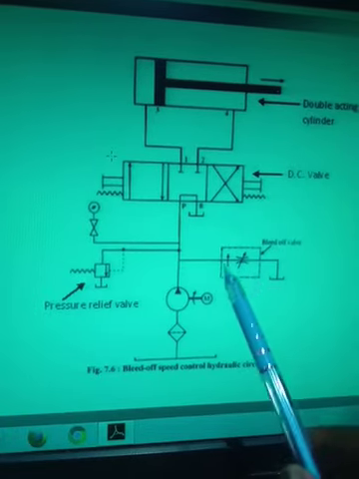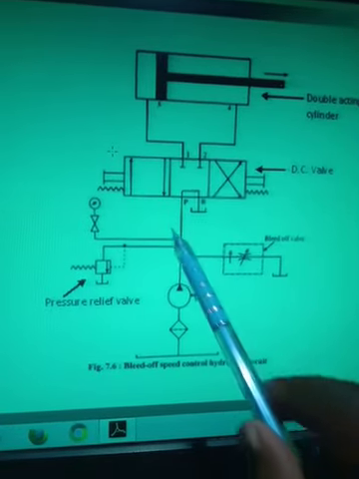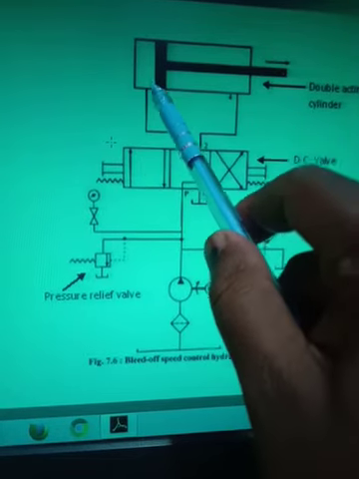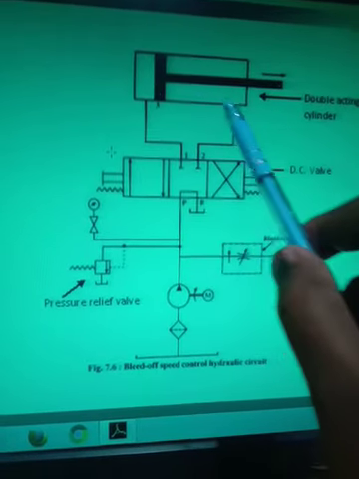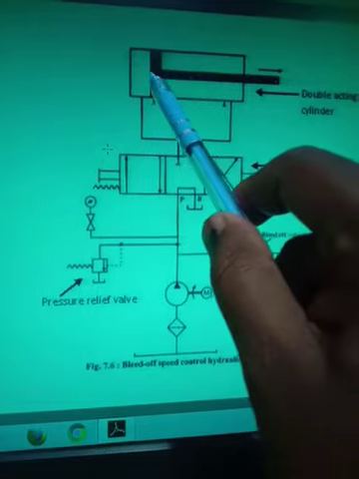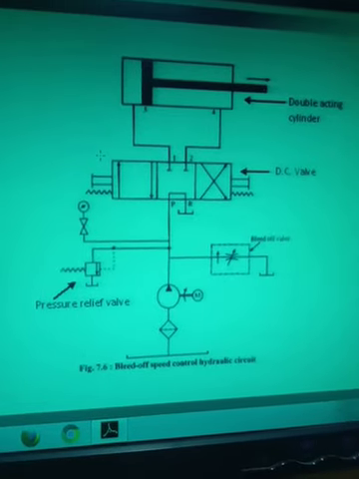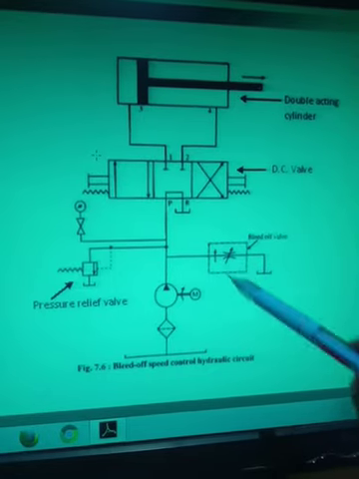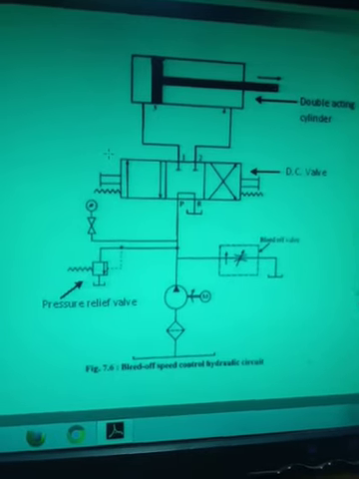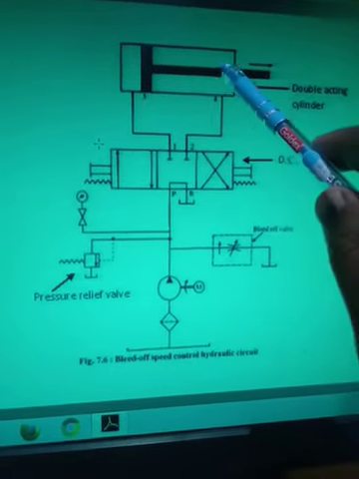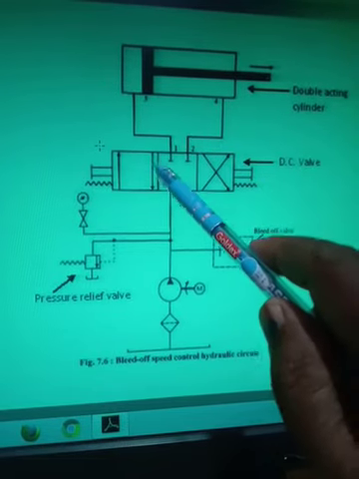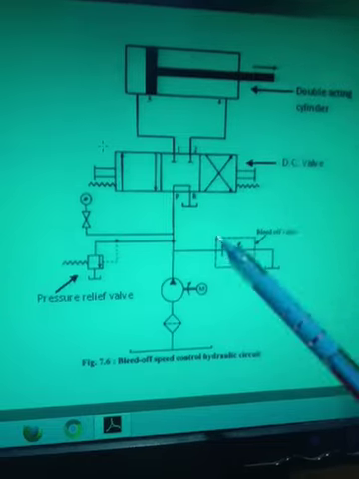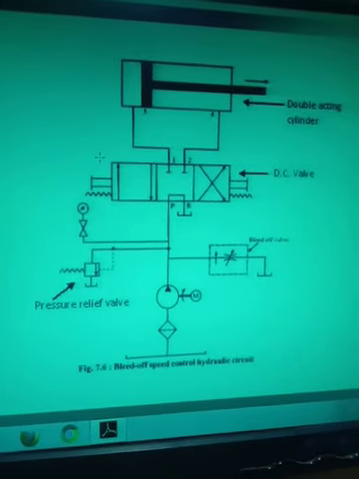So as I take out some amount of oil here, the remaining oil will go from P to the A port, the forward motion of the actuator will take place, and that motion will be controlled depending upon how much I set the flow control valve. Understand? And from the return line, the oil will go directly to the reservoir. There is no flow control valve in the return.